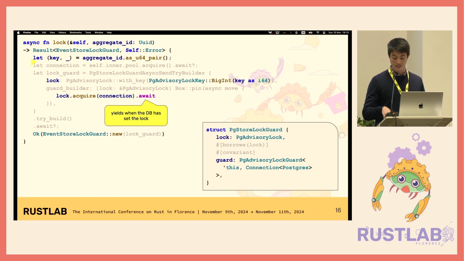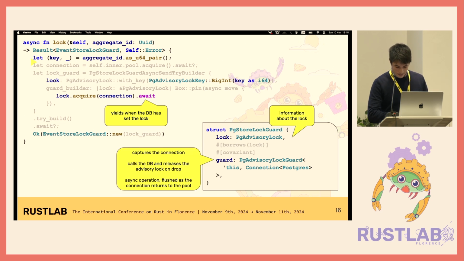But you see that the guard there is a bit weird because it has a tick this lifetime, so you know that there's going to be some self-referential shenanigans. At some point we had to capture both the connection and the information about the lock, so everything is packaged there. And so this PG store lock guard is self-referential. There are some weird things that you need to worry about.